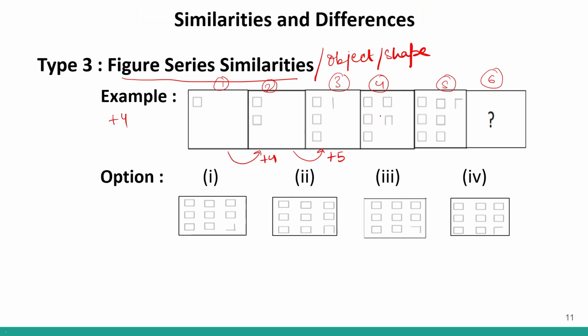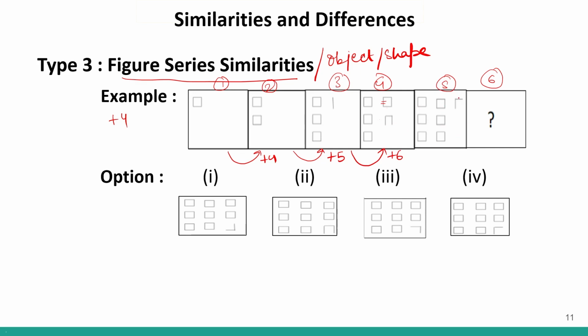Correct? Now, here let's check. So up till this side, it was already drawn. Now, how many sides have we added? We have added 1, 2, 3, 4, 5, 6. So from this figure to this figure, we have added 6 sides. Right? This side was already there. Then we added 1, 2, 3, 4, 5, 6 sides.